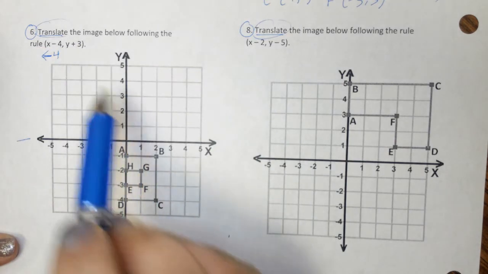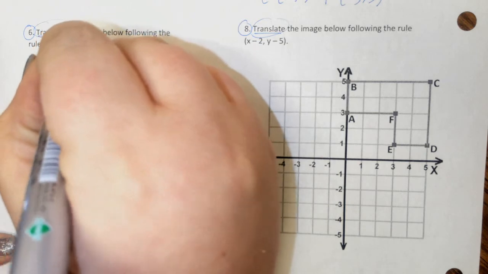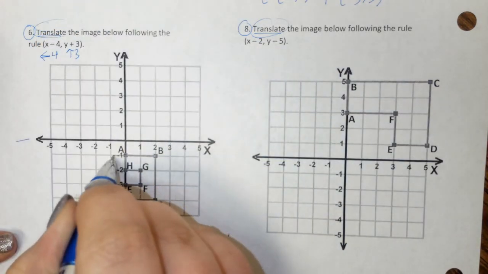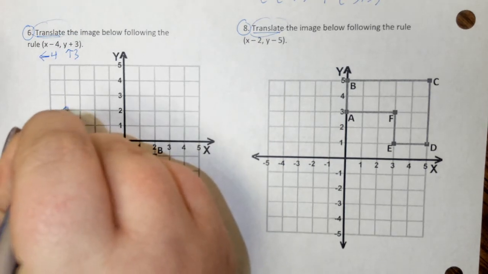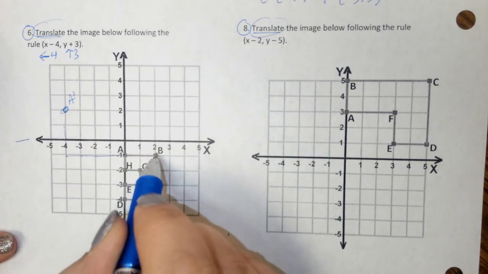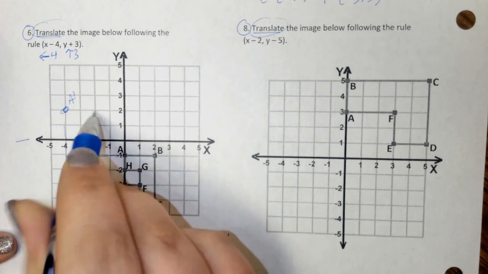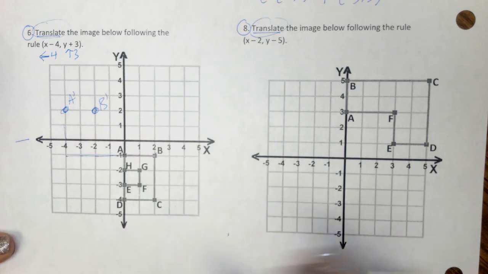And y going positive is up, so this will be up 3 times. So you're taking every single point and you're moving 1, 2, 3, 4, and then up 1, 2, 3 to get to the prime coordinate. 4 times to the left, and 3 times up. That's for everything in number 6.